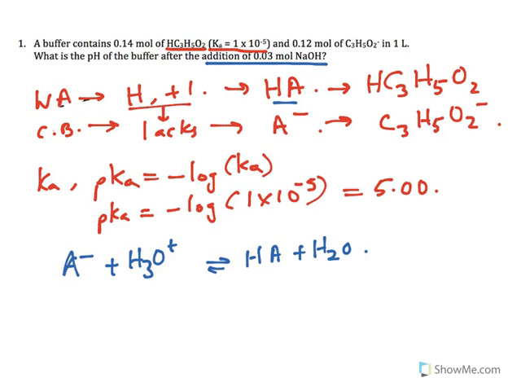Similarly, if we have base being added to our buffer, which is the case for this example, we can write HA plus OH minus will give us A minus plus H2O.